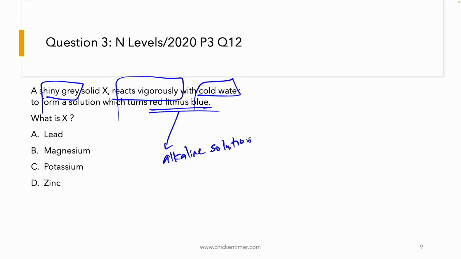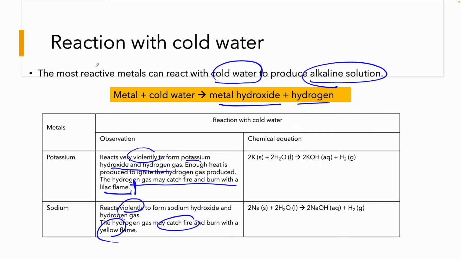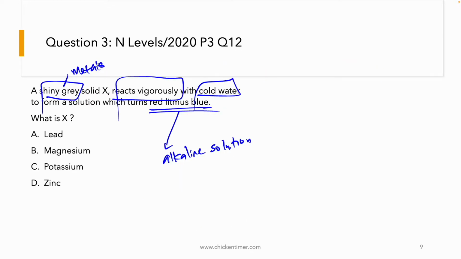The shiny gray appearance probably indicates it's a metal, and a metal that reacts vigorously with cold water. From here, only potassium and sodium would react vigorously with cold water. To find the identity of X, we go to the list of options and look for sodium or potassium. So the answer is C.